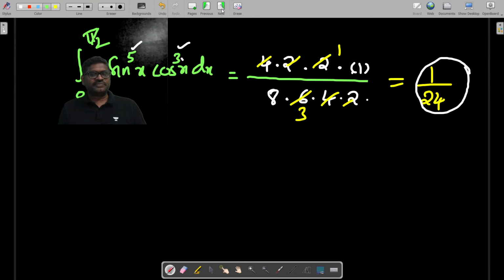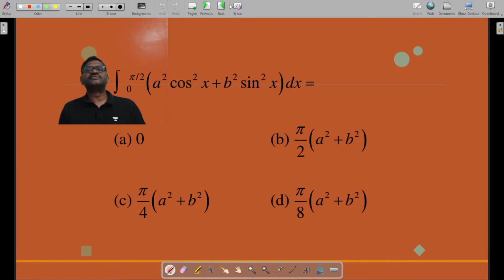Next problem. Integral 0 to pi by 2 of a square cos square x plus b square sin square x dx. You have to apply the formula integral 0 to a f of x dx equal to 0 to a f of a minus x dx.